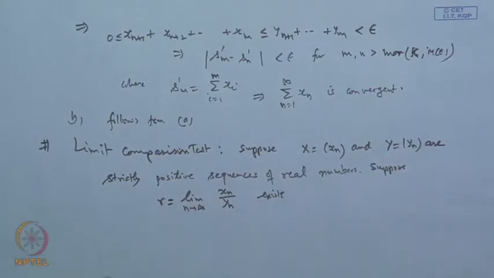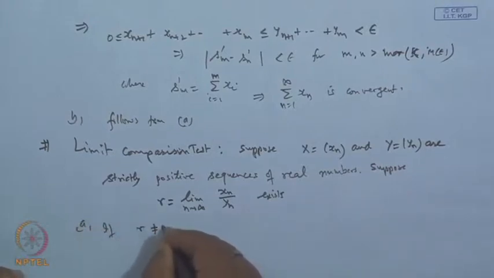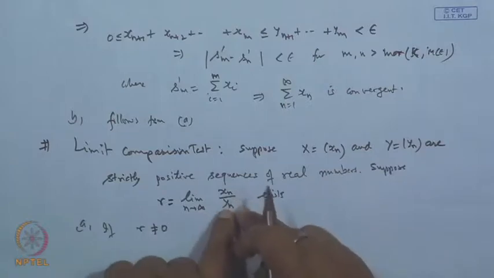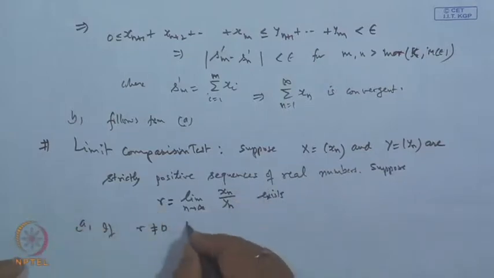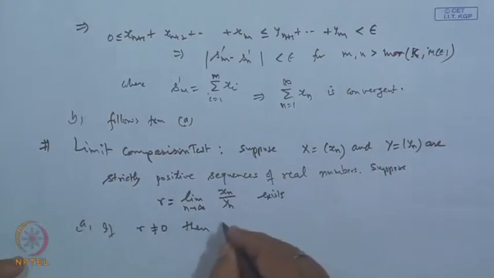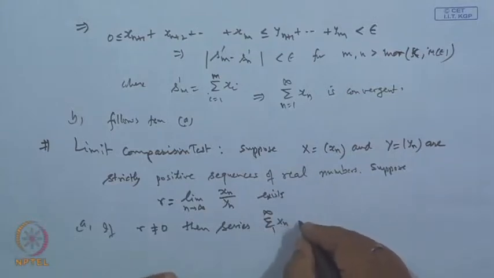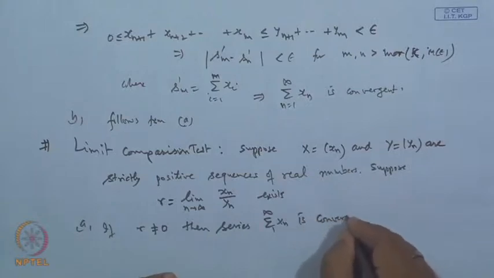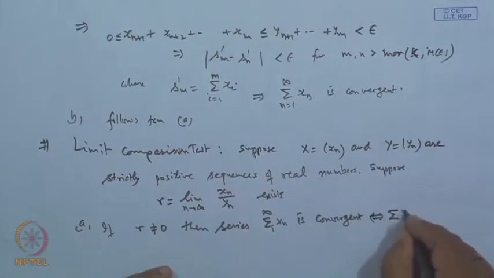Then what it says is, if r is different from 0, meaning the limit of x_n over y_n is different from 0, then the series sigma x_n, 1 to infinity, is convergent if and only if sigma y_n is convergent.